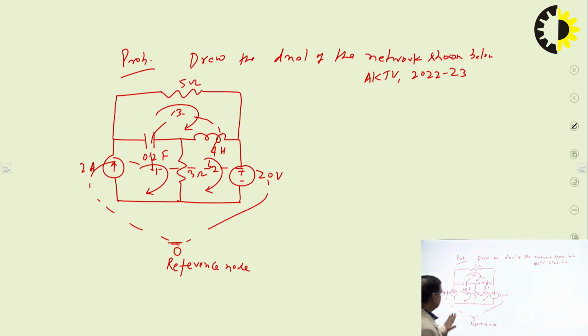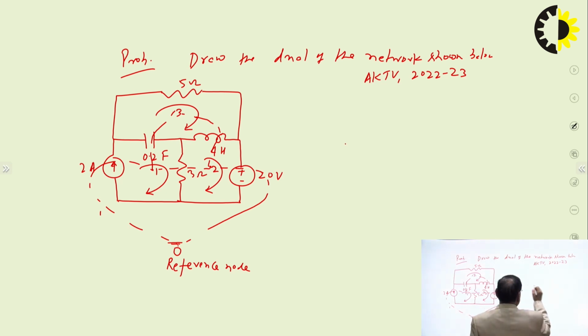In the original network, the 0.2 farad is in between mesh 1 and mesh 3. The 3 ohm is in between 1 and 2, common to both meshes. 4 henry is between 2 and 3.